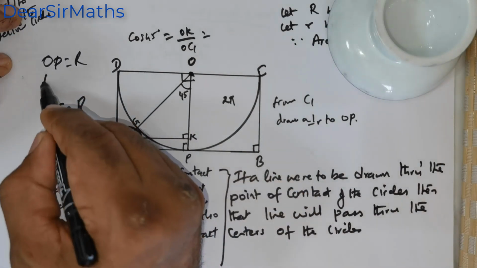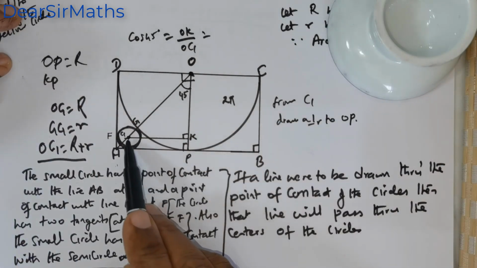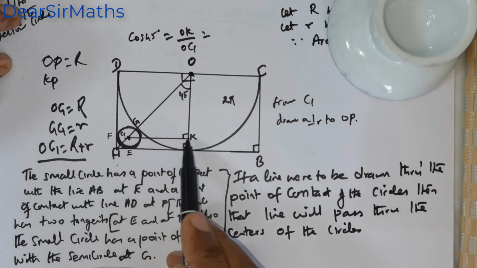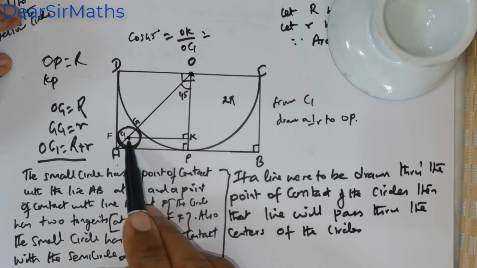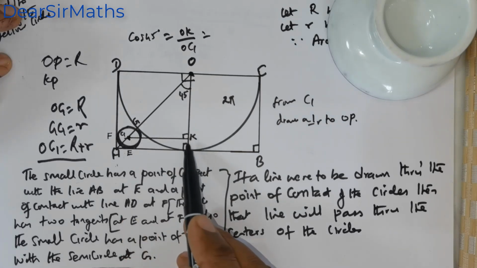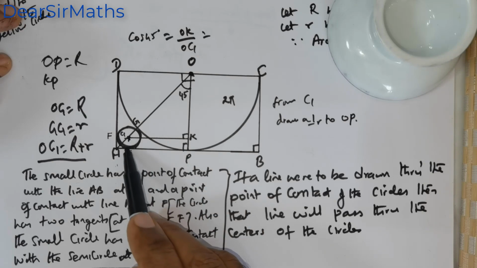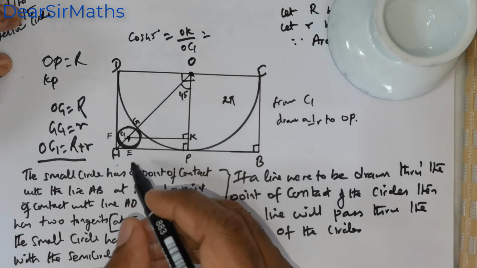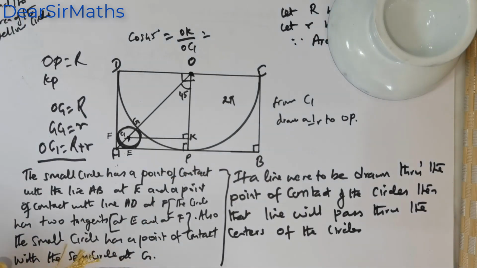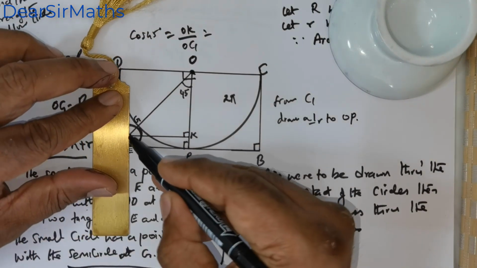But what is KP? Can you tell me what KP is? Now, KP is the line drawn from the center of the small circle, right? KP is in line with C1E. Now, if I draw C1E over here, let me draw that.